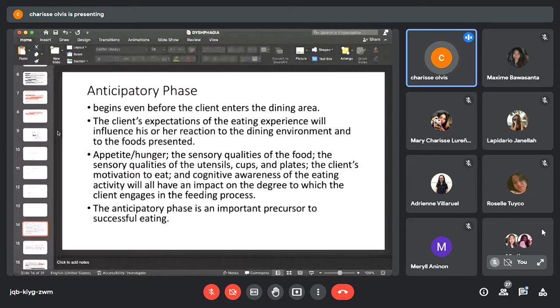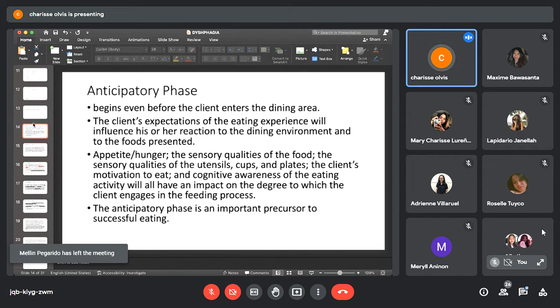So, although in the video anticipatory and oral prep are not discussed, we could see how it moves from the outer oral structures or upper oral structures towards the pharynx, and then the closure of the larynx, and then towards the esophagus.